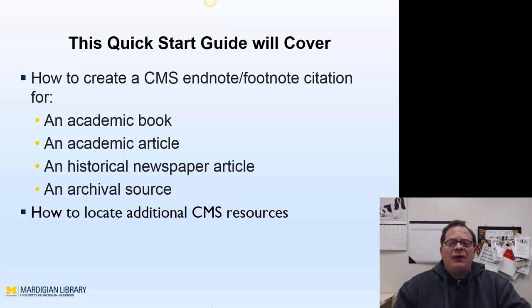Now, there are many other types of citations you need to understand with respect to CMS, but this quick start guide is only going to cover these types of materials here on the screen, and these are rather popular types of materials that need to be cited. So this quick start guide is just that. It's a quick start guide to getting you familiar with how to use CMS. And then I am also going to provide some additional CMS resources for you.